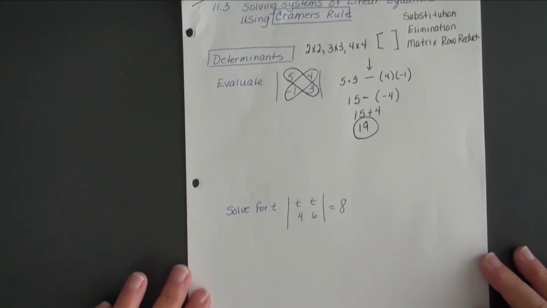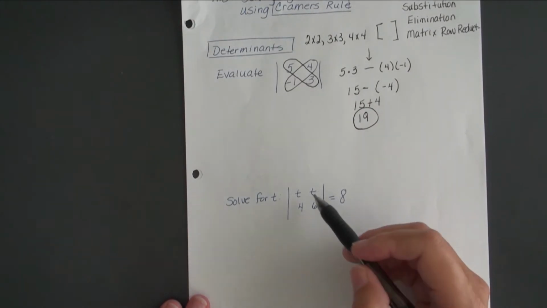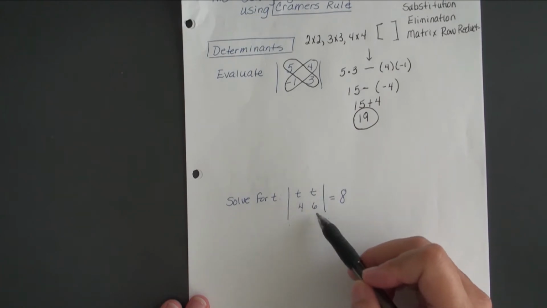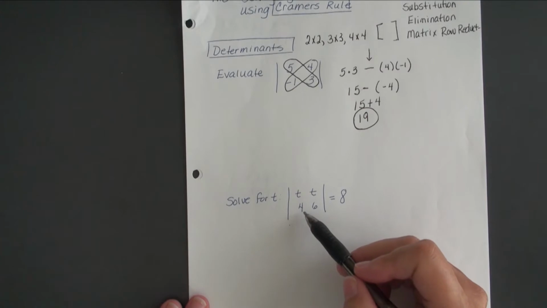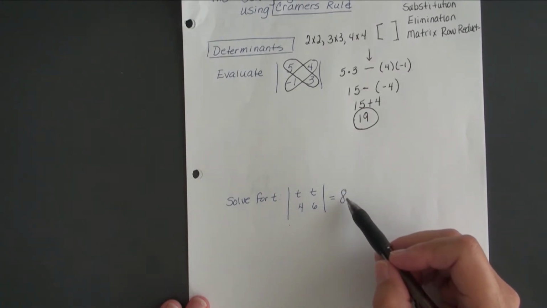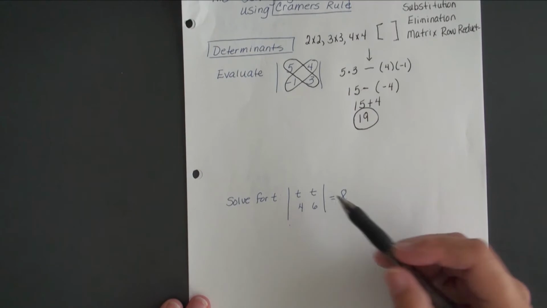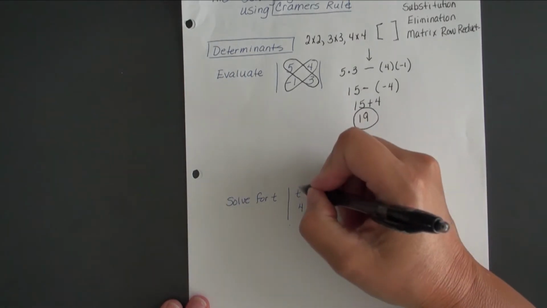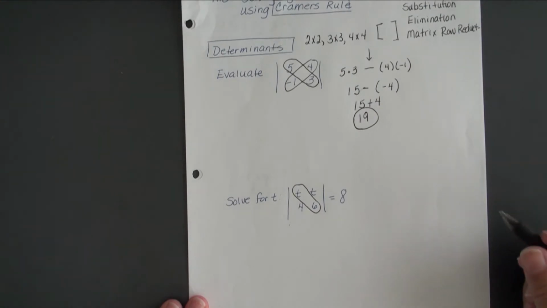Now let's look at the second example, which has a determinant involved in an equation. You'll see that this is a 2 by 2 determinant with t's in the first row and 4 and 6 in the second row. We know that the value of that determinant has got to equal 8. So let's see if we can figure out what t is equal to. Starting in the upper left-hand corner, you multiply along that diagonal.